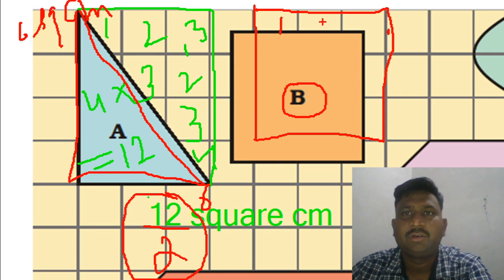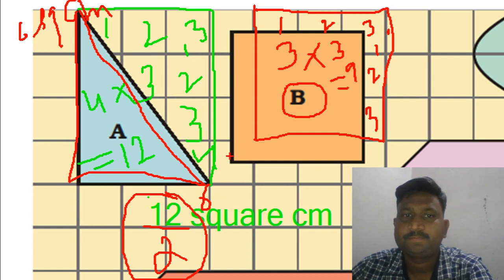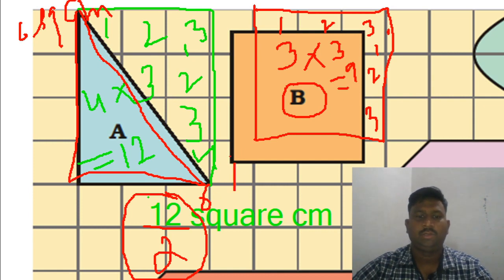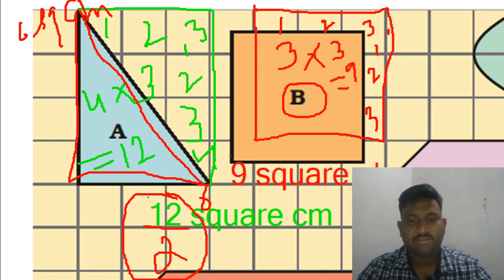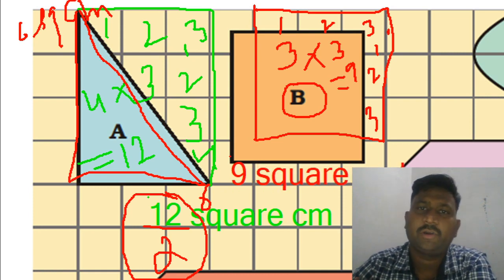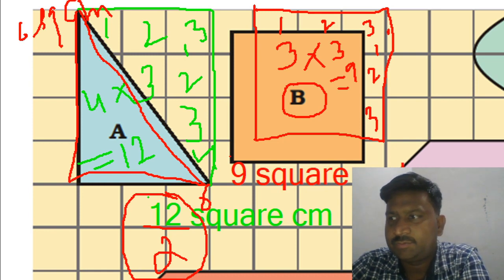So 1, 2, 3, 1, 2, 3. So 3 3s are 9. So this B has 9 square centimeter area. Okay, because it is complete, so complete 9 square centimeter area.